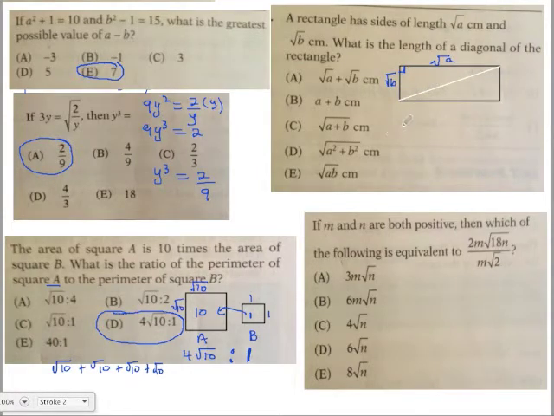So this is Pythagoras' theorem: root A squared plus root B squared is equal to the diagonal squared. Let's just call it C here. So root A squared is A, root B squared is B, is equal to C squared. And if you square root both sides, it is very important to understand that you'll be square rooting A plus B like that, not separately. So your answer should be C and not A.